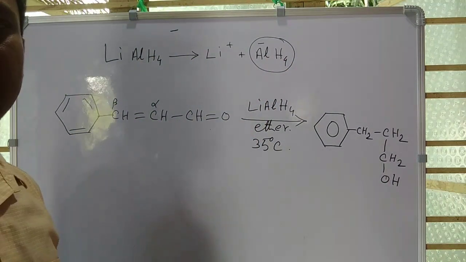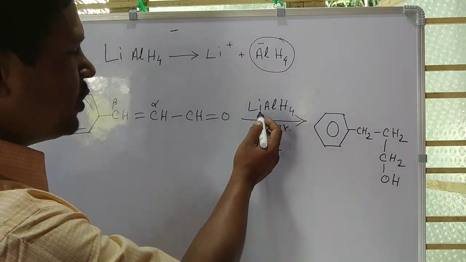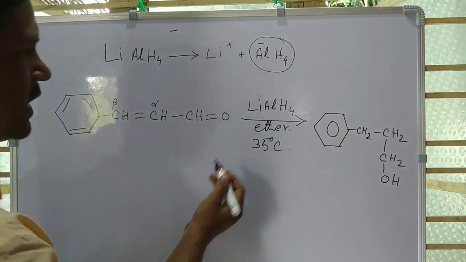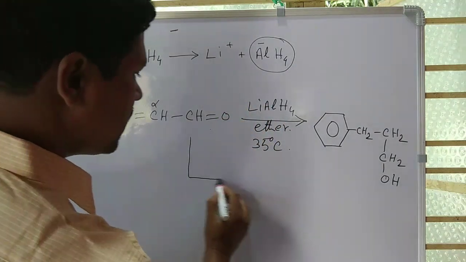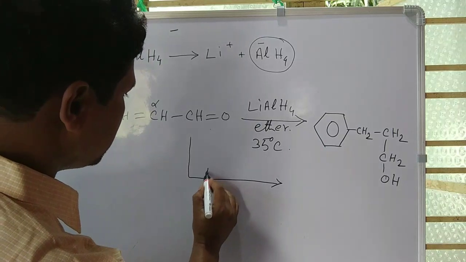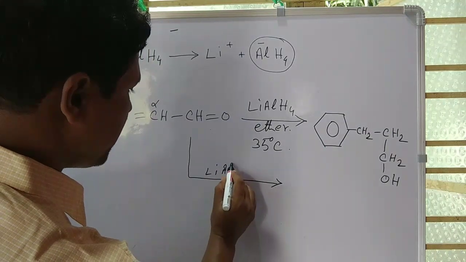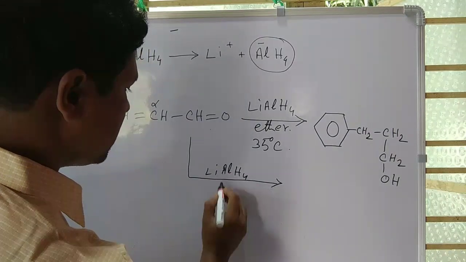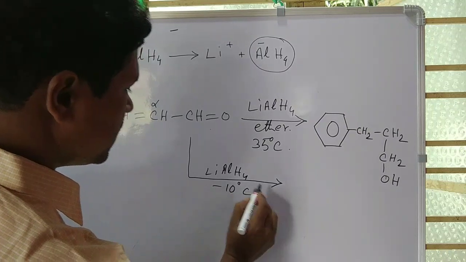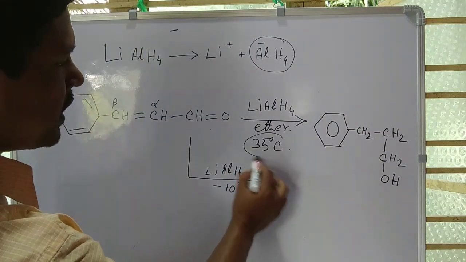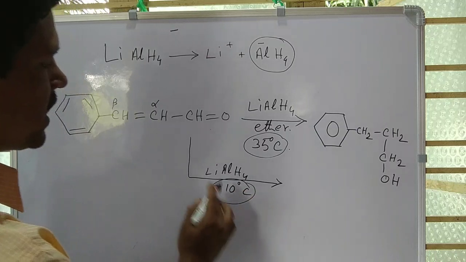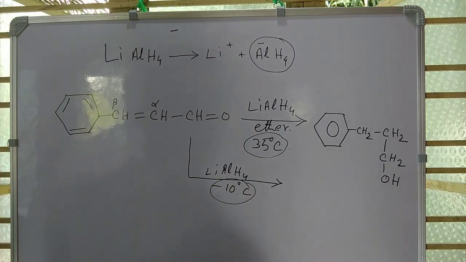The reactivity of lithium aluminum hydride we can reduce if we run the reaction at low temperature. Lithium aluminum hydride at minus 10 degrees centigrade. That means the temperature is decreased to minus 10 degrees centigrade.